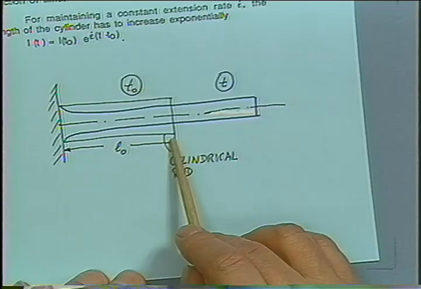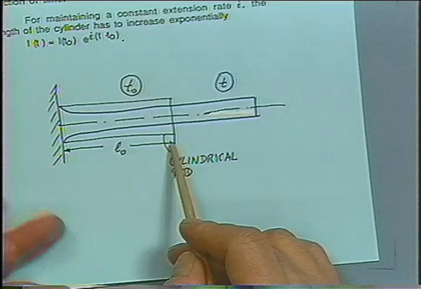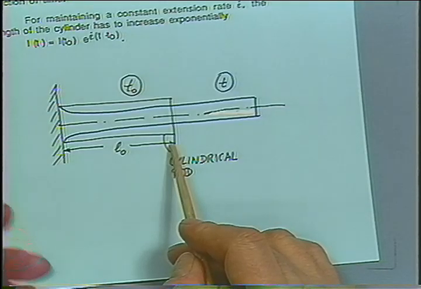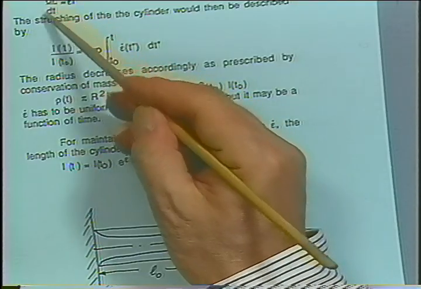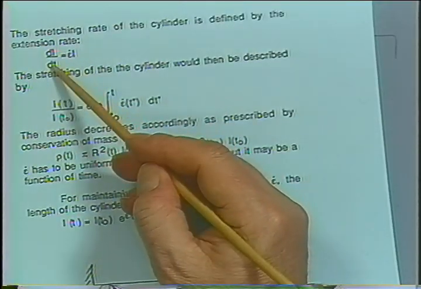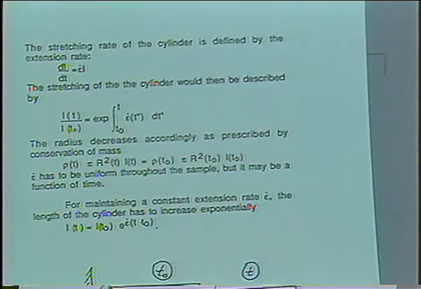And it's so simple because your reference length, in this case, this distance, is kept constant. And then, if your reference length is constant, then the length change per time is also to be constant to achieve a constant extension rate.